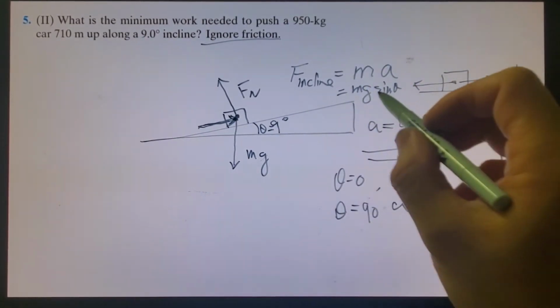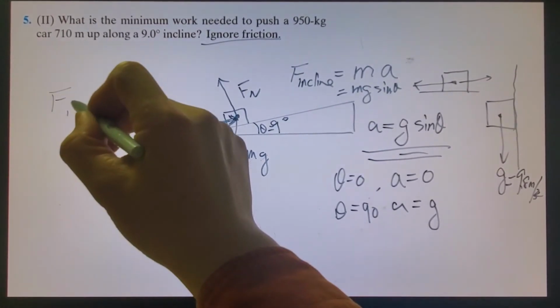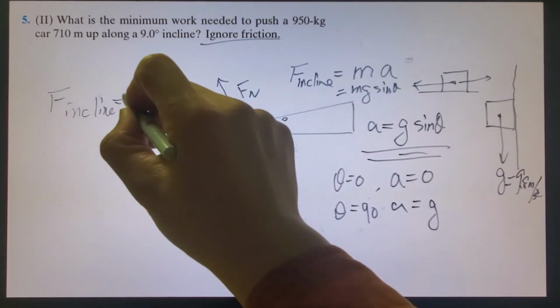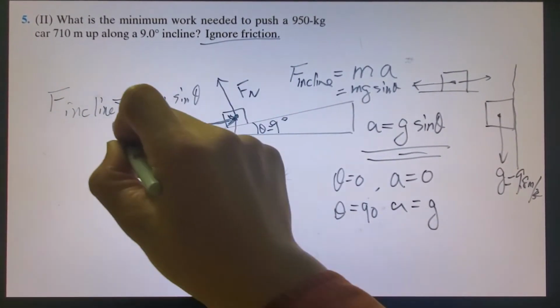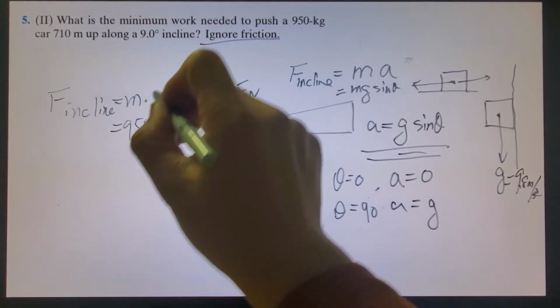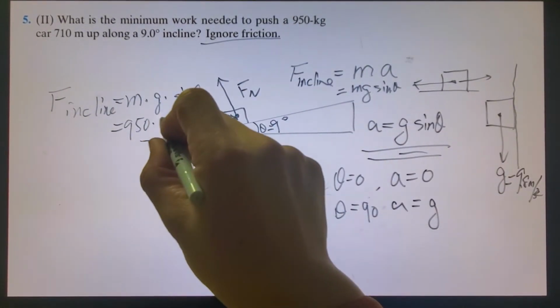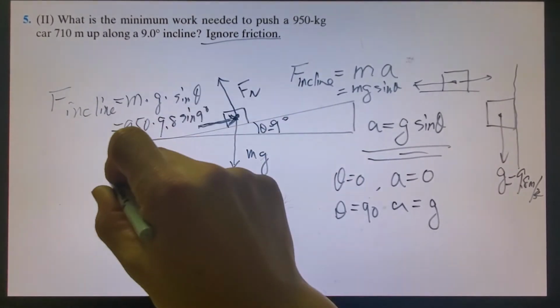So I'm going to write that again. F inclined is equal to m times g times sine theta. Okay, m is 950 kilograms, g is 9.8, and times sine of 9 degrees.